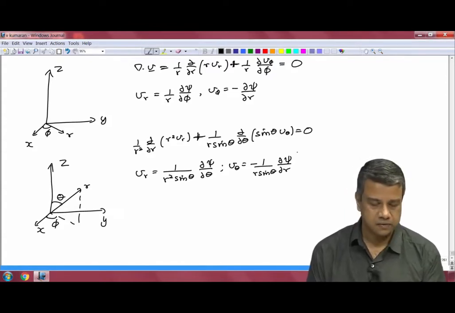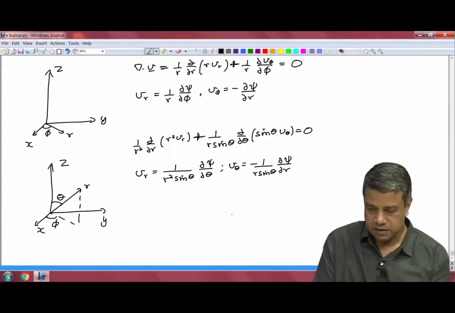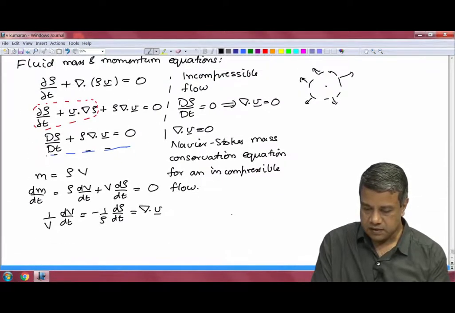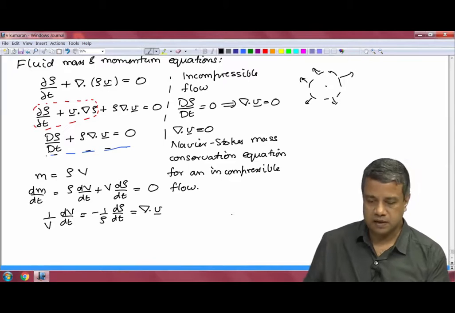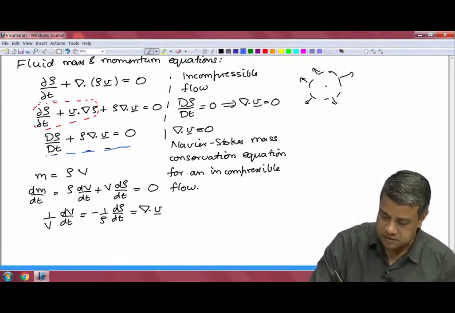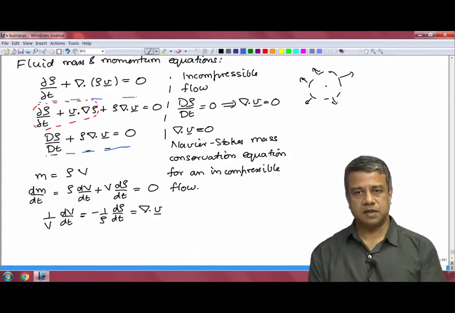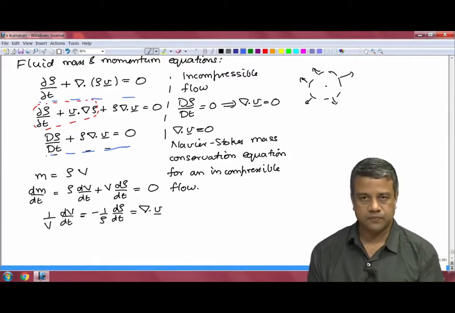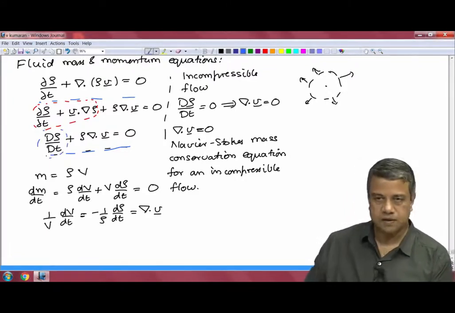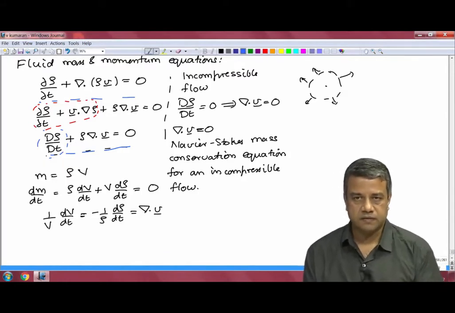So, to summarize, I had said that the divergence of the velocity has to be 0 for an incompressible fluid. For a general compressible fluid, the mass conservation equation is d rho by dt plus the divergence of rho v is equal to 0. If the fluid is incompressible, the density is not a function of time and the divergence of the velocity is 0.